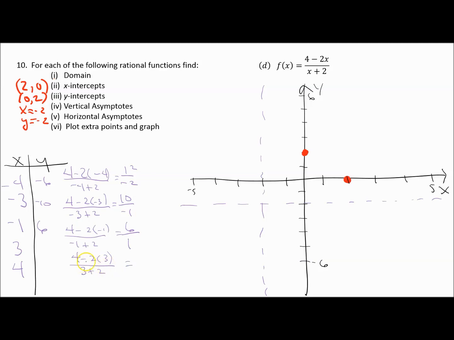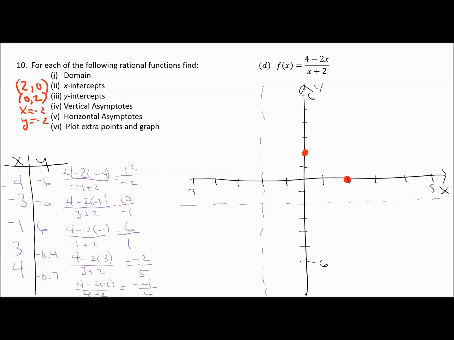That's going to give me 4 minus 6, which is -2 in the numerator, divided by 5, or -0.4, if you want to change that to a decimal. And the last one, 4 minus 2 times 4, divided by 4 plus 2. That's going to be 4 subtract 8, which is -4, divided by 6. So -2/3, or about -0.7.